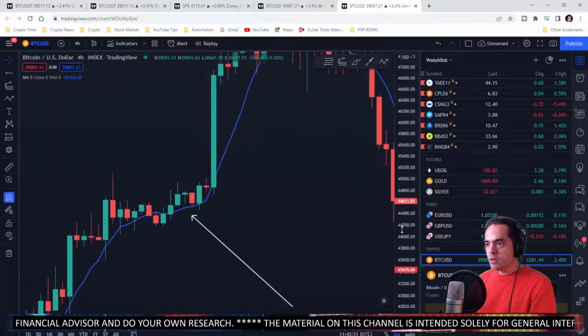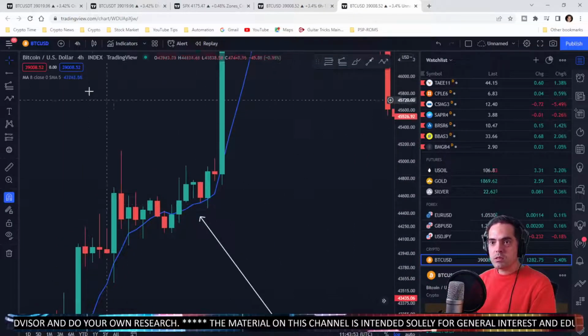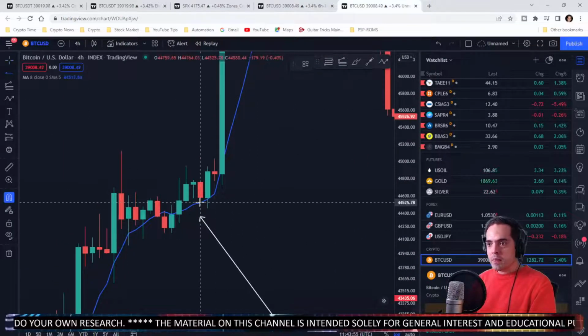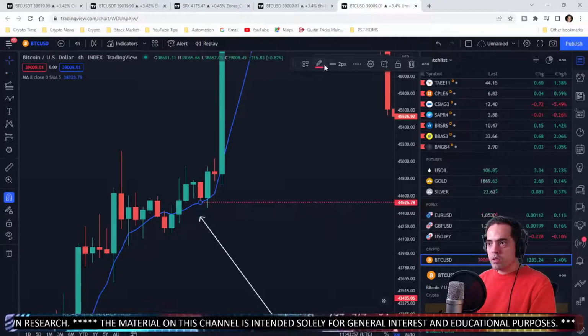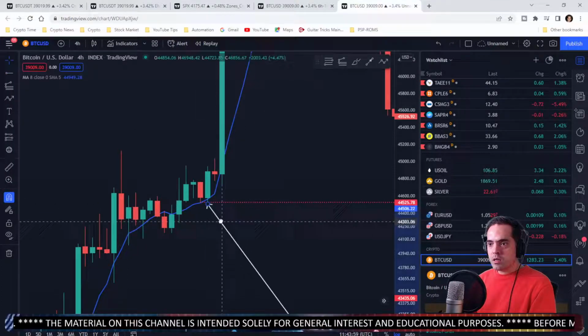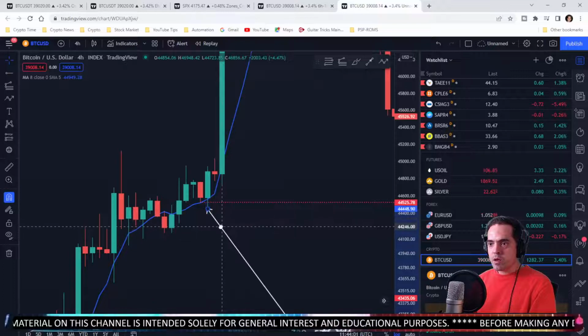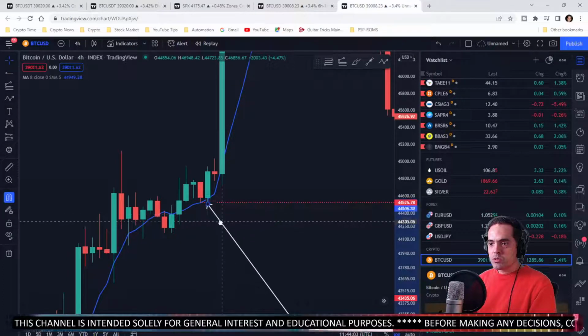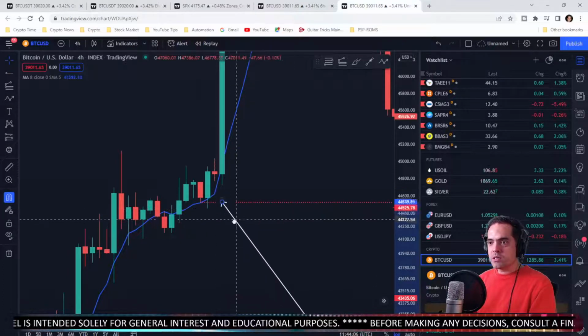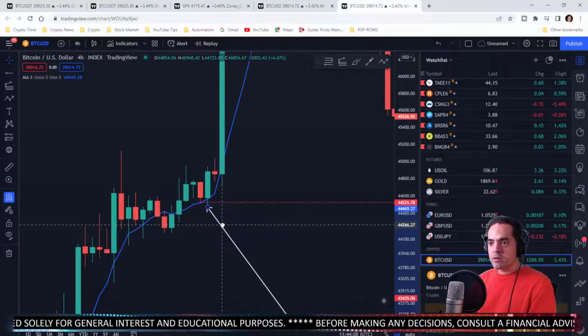Let's zoom in, because these candles are very small. So here is the breakthrough. It's trying to bring the market down right here.